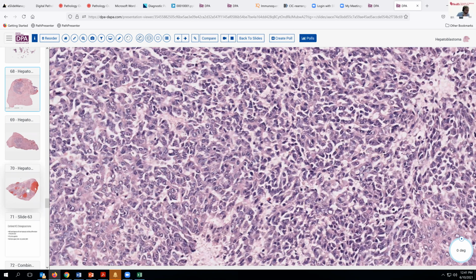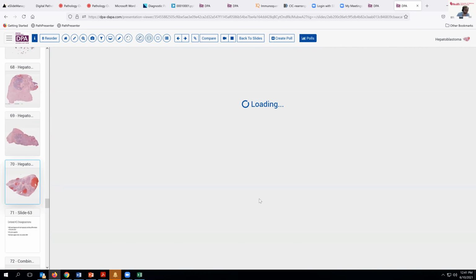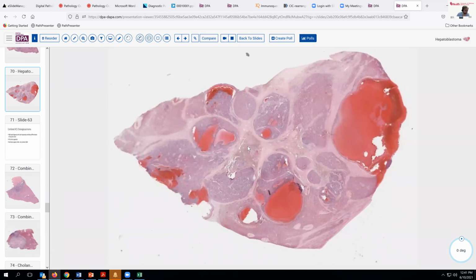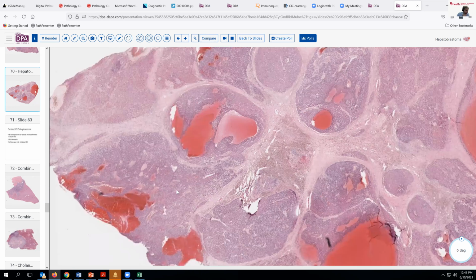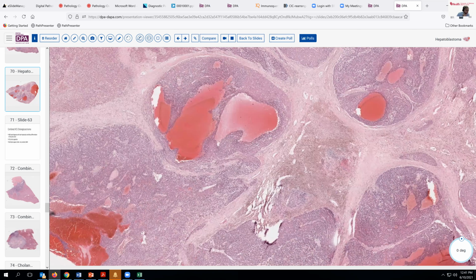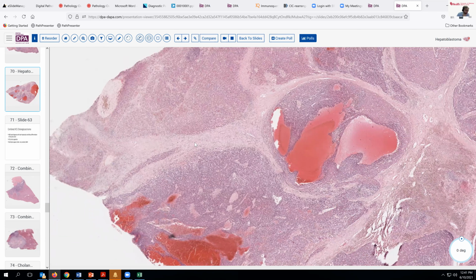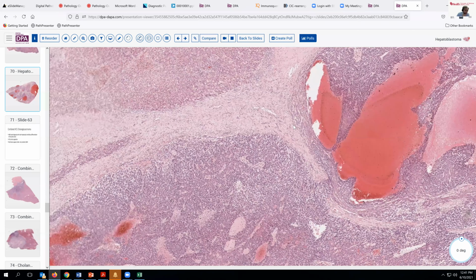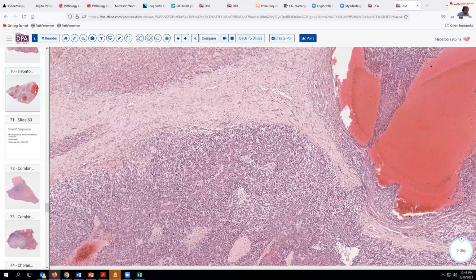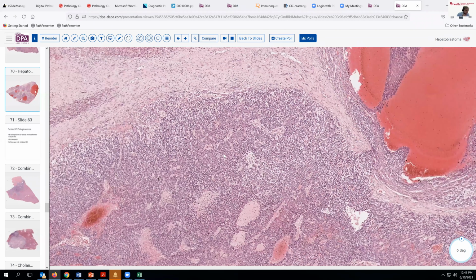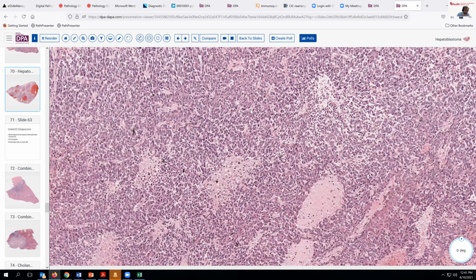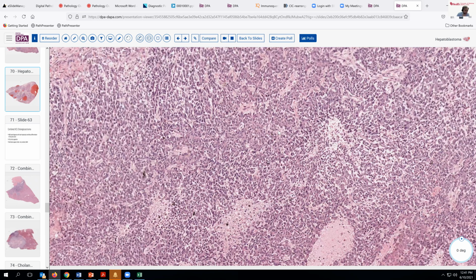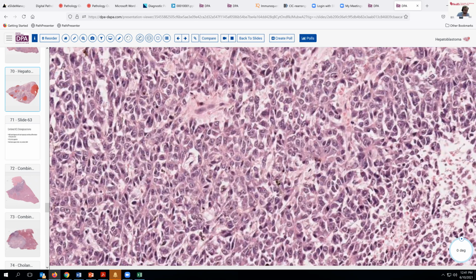This other example here has a little bit different pattern with these more dilated spaces filled with sort of bloody fluid, bounded nodular areas, not particularly prominent stroma, again showing the same type of cells, very immature cells with a modest amount of cytoplasm.